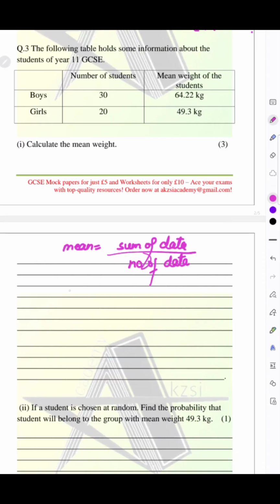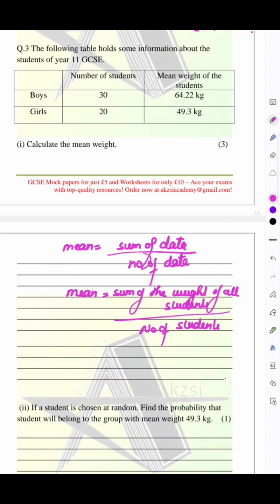In this case, the complete mean weight will be the sum of the weights of all students over the number of students. The total number of students, we know, is 50, right? 30 plus 20 gives you 50. But we have to calculate the sum of the weights of all the students.